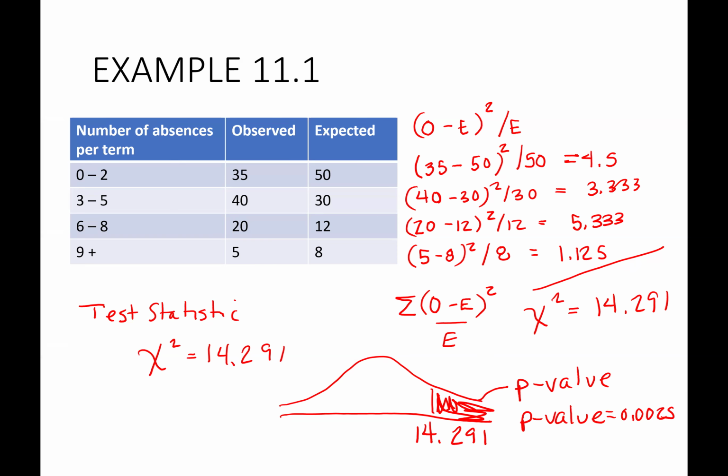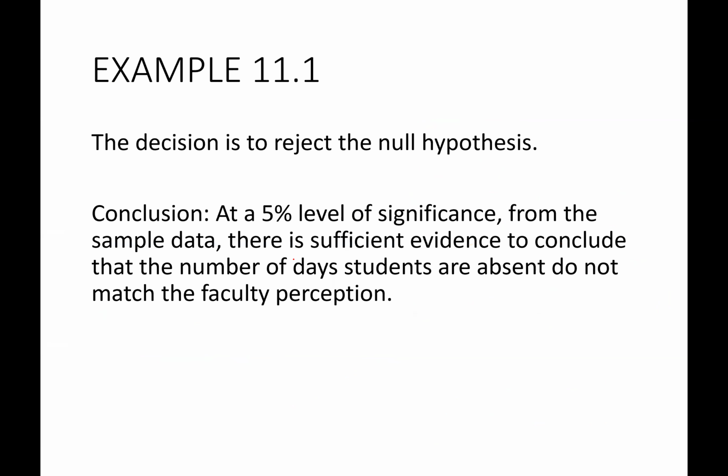The data that we observe appears not to follow what we expected. Based on the data that we've collected, we would assume that they actually are not the same. So our decision is to reject the null hypothesis. At a 5% level of significance from the sample data, there's sufficient evidence to conclude that the number of days students are absent do not match the faculty perception.